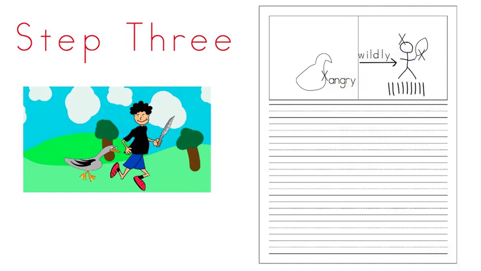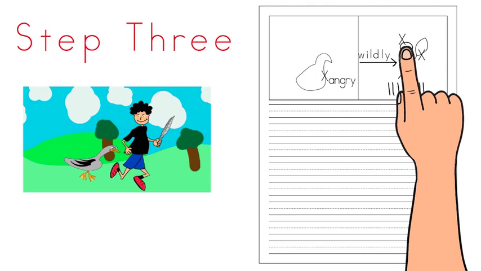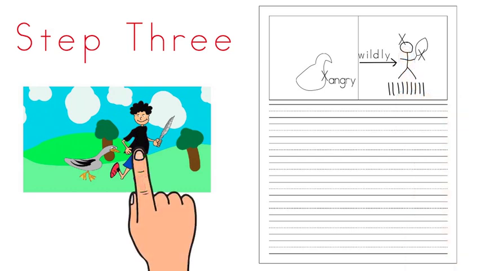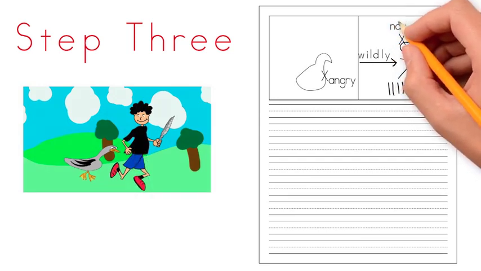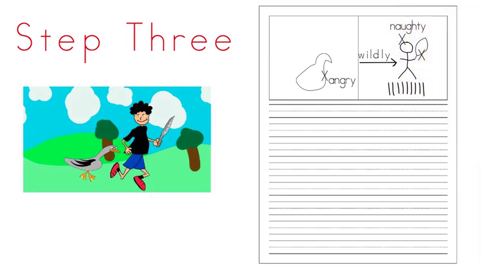Go to the next X in our planning boxes and ask the fancy words question. What kind of boy would pluck a feather from a goose? A naughty boy. That matches the idea. The boy is naughty because he plucked the goose's feather. Write naughty by the X. Amazing job! Super work!